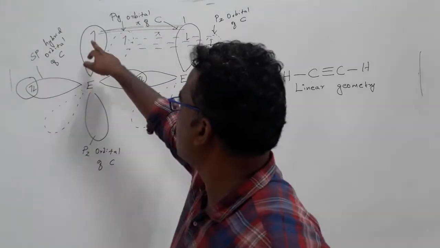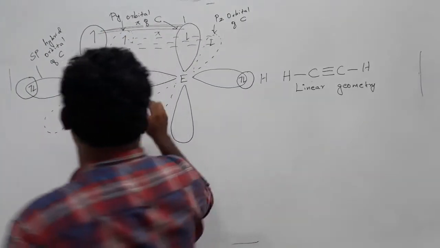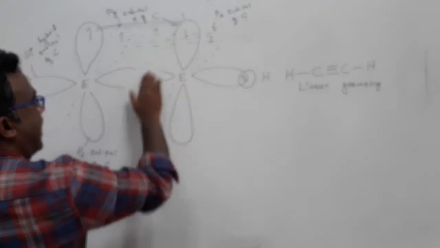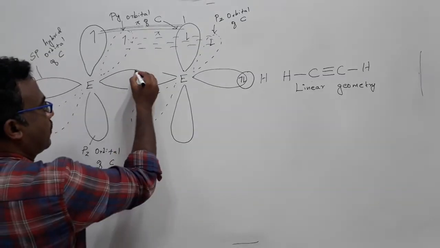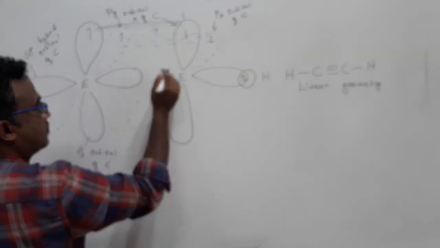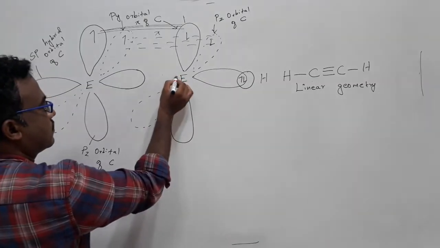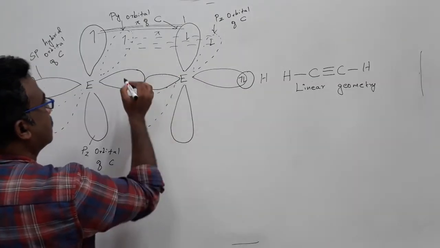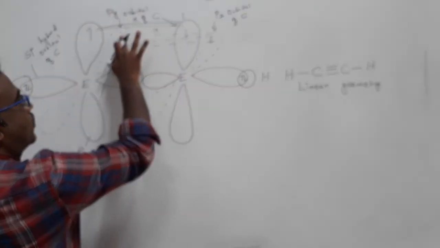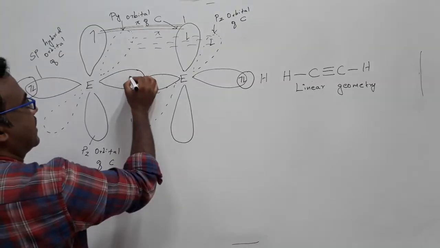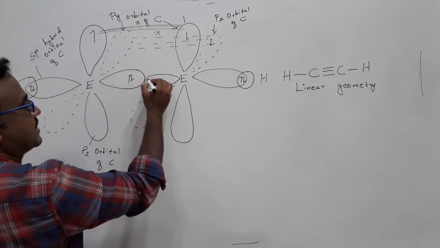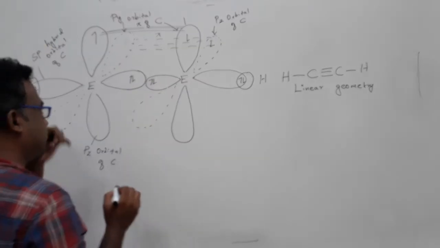Instead of going to the p orbital, this electron will come to the hybrid orbital. You can see that I removed one electron from the py orbital and kept it in the sp hybrid orbital.